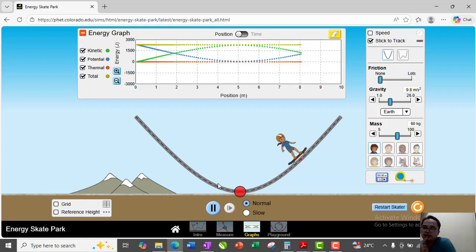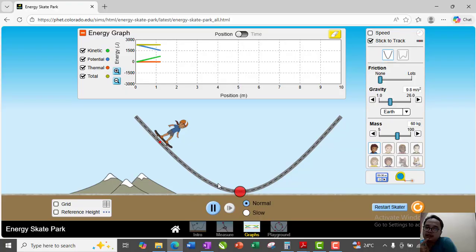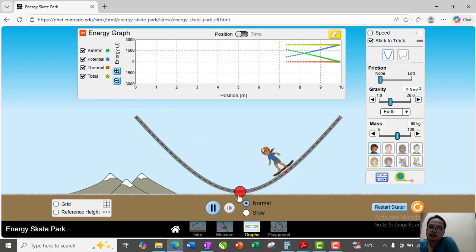We will analyze the girl flying on a skateboard from one side until the bottom.